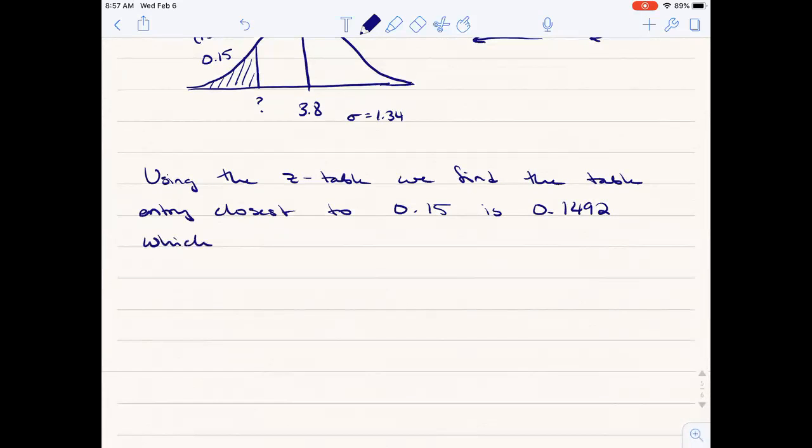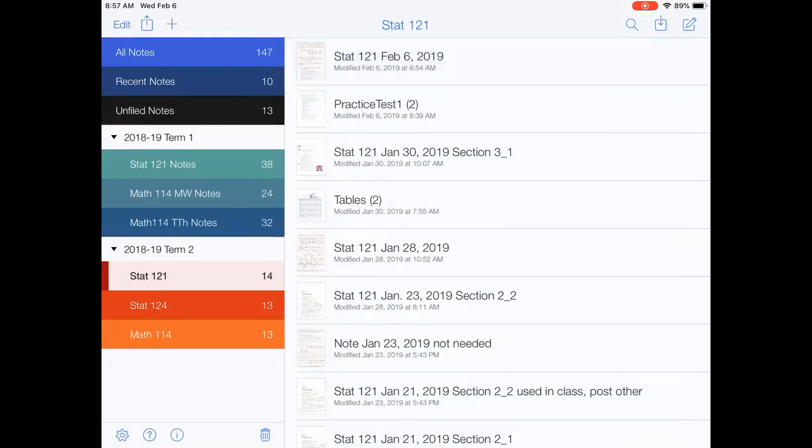Which corresponds to Z equal to, so now I'll go back here.